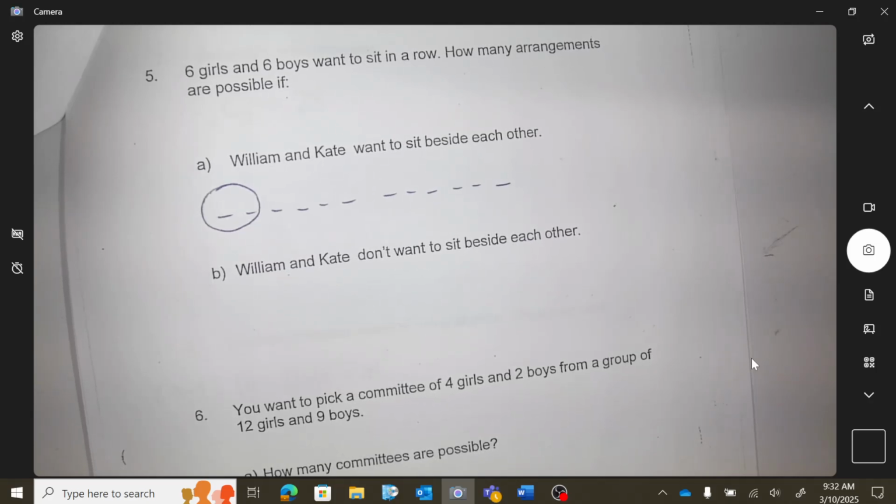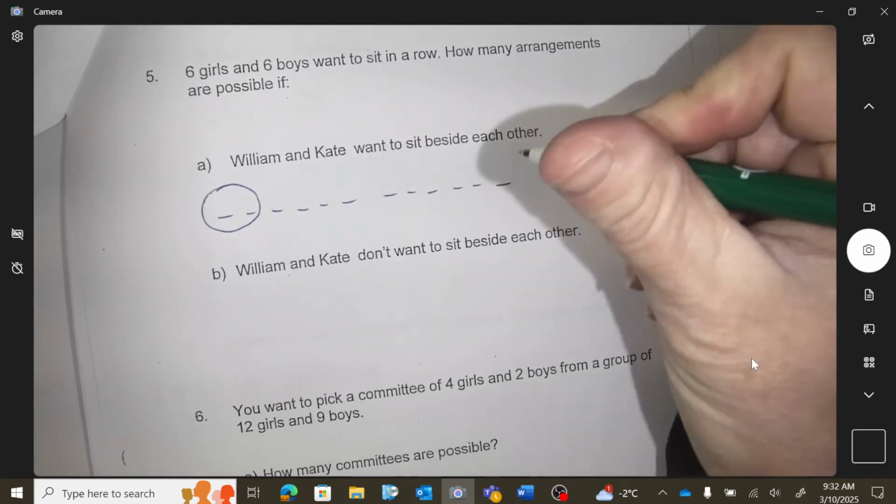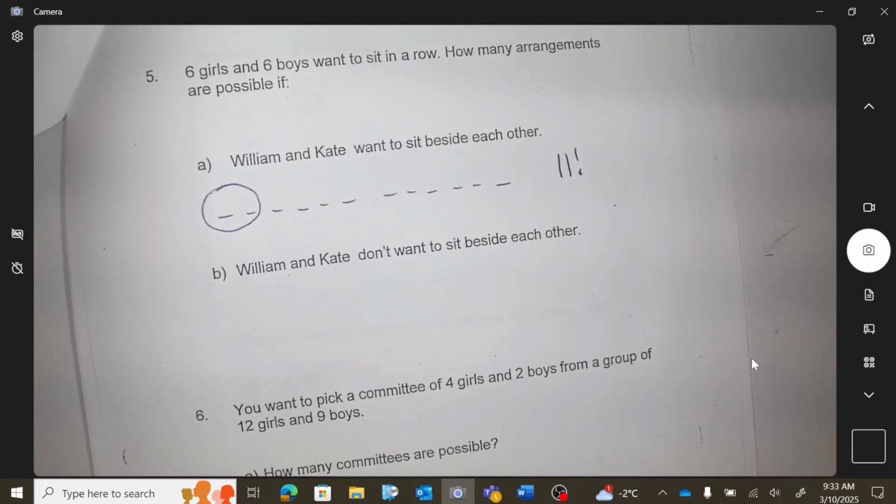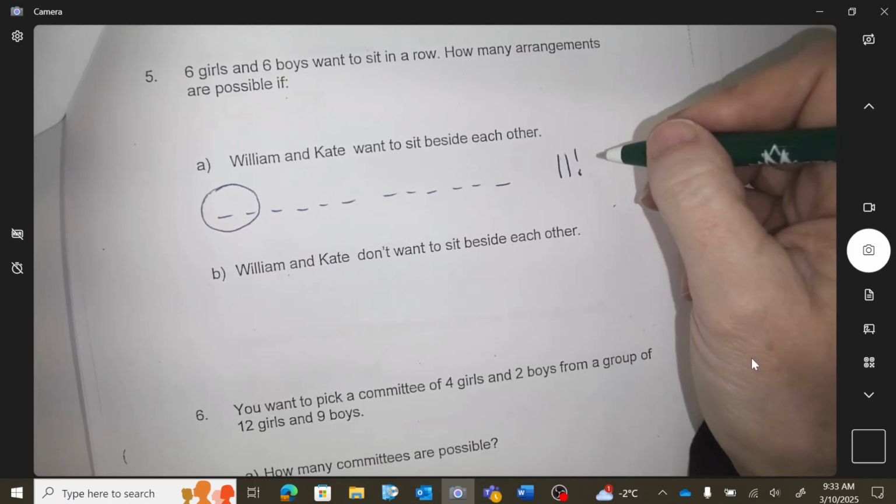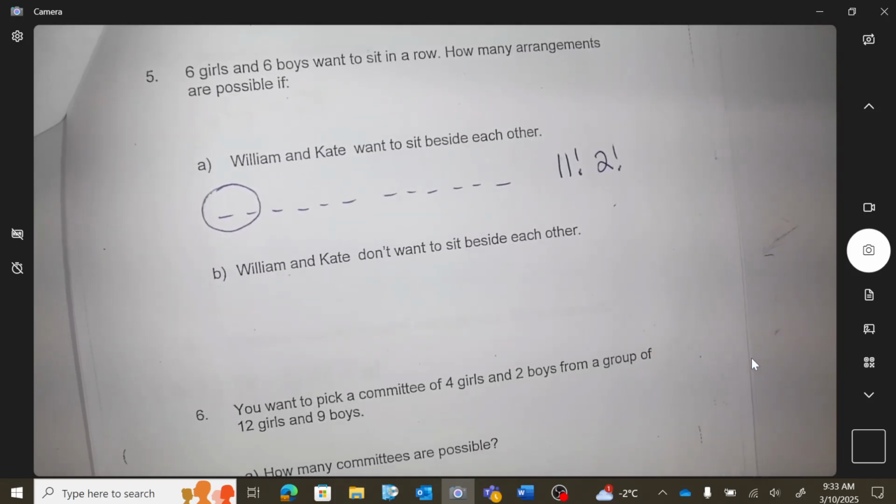So there's that. So when I move things around, how many things am I moving around now? 11 things, because they're treated like one thing now. But what could they do just amongst themselves? They could flip-flop.